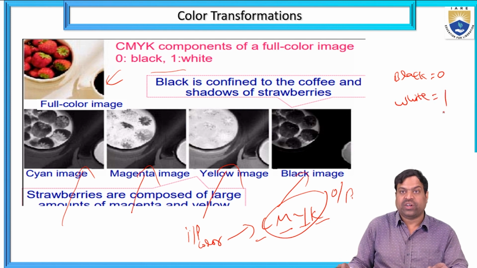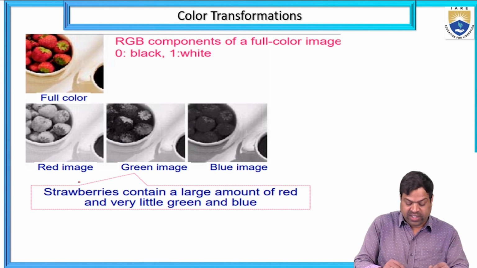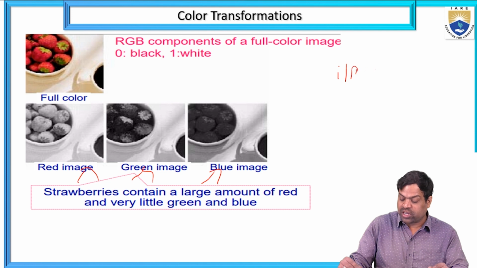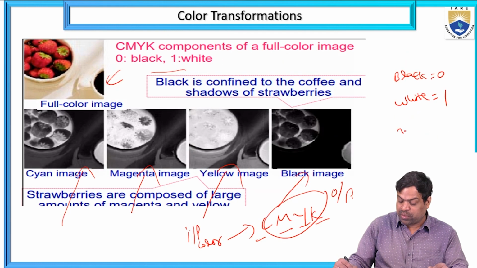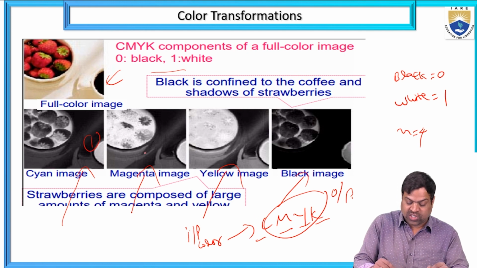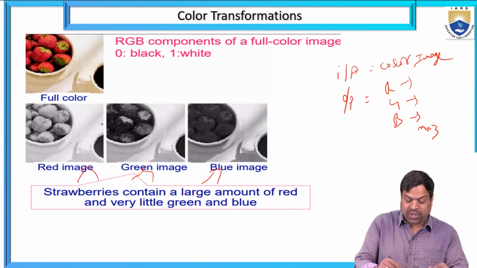It is one technique, and another technique is RGB, red, green and blue. The input image is a color image and the output is red, green, blue. So what did I apply? Here I applied n equal to 3, and here n equal to 4, because here four colors are there: first, second, third and fourth color. Here I applied 3 colors.